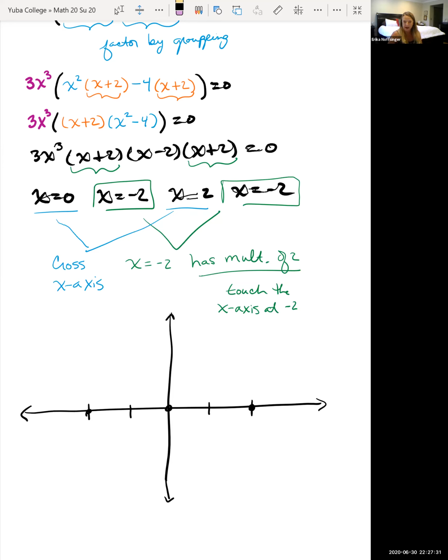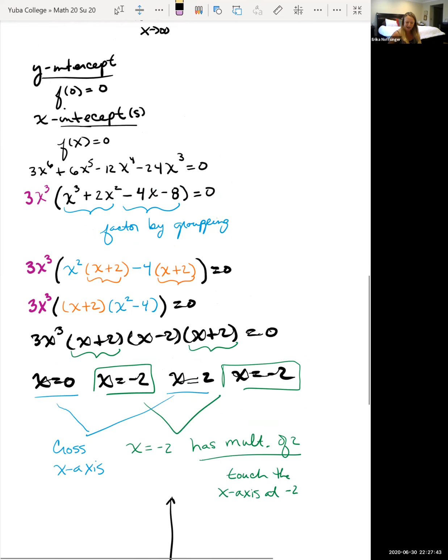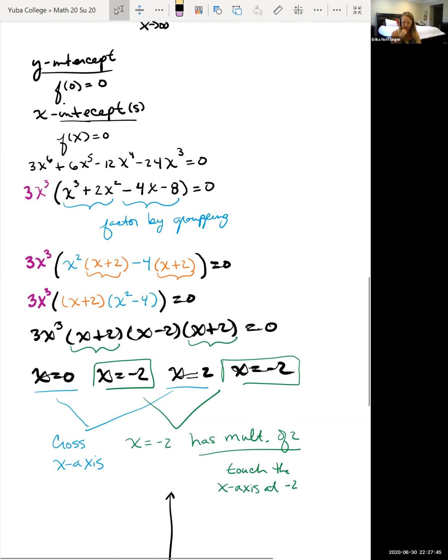There's one thing that might help us here. I'm looking at this and just seeing that I have an x-intercept at negative 2 and positive 2. Maybe, I'm not sure, I was thinking maybe this was symmetrical. And I don't think it is.